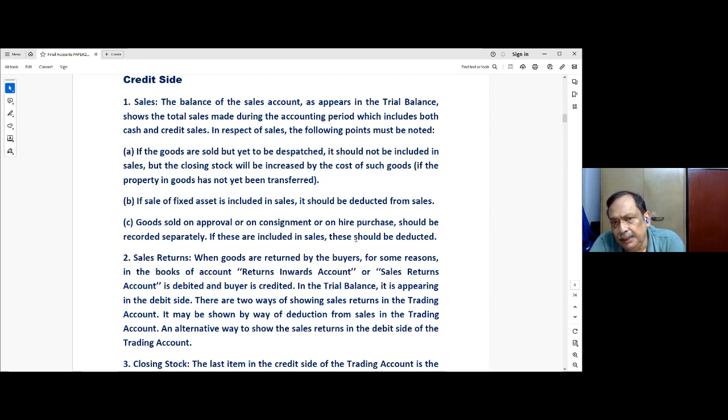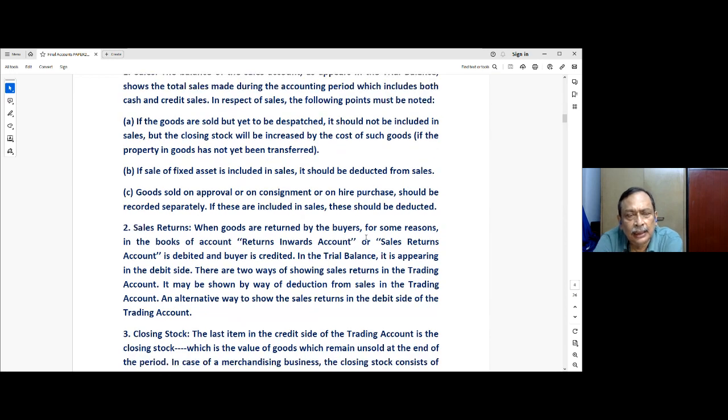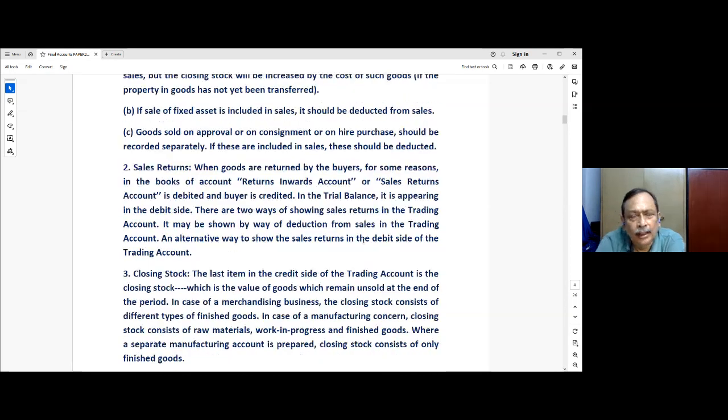Then, if sale of fixed assets is included in sales, it should be deducted from sales. Next, goods sold on approval or on consignment or on hire purchase should be recorded separately. If these are included in sales, they should be deducted.